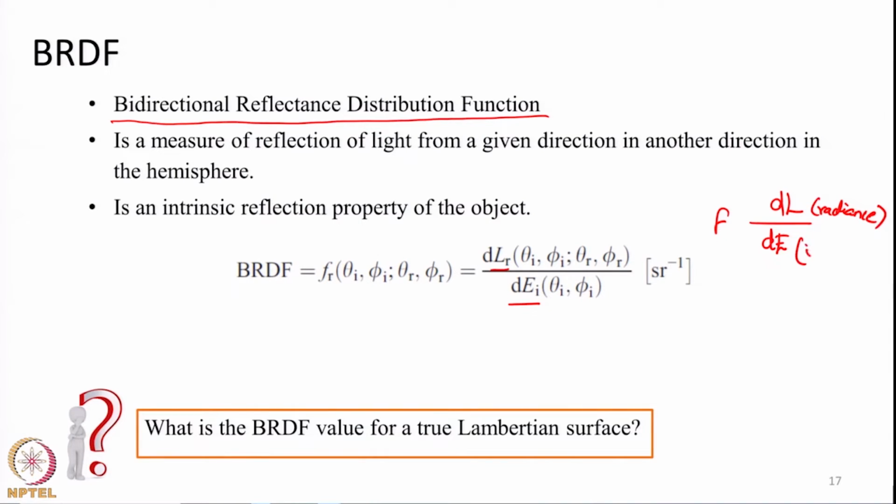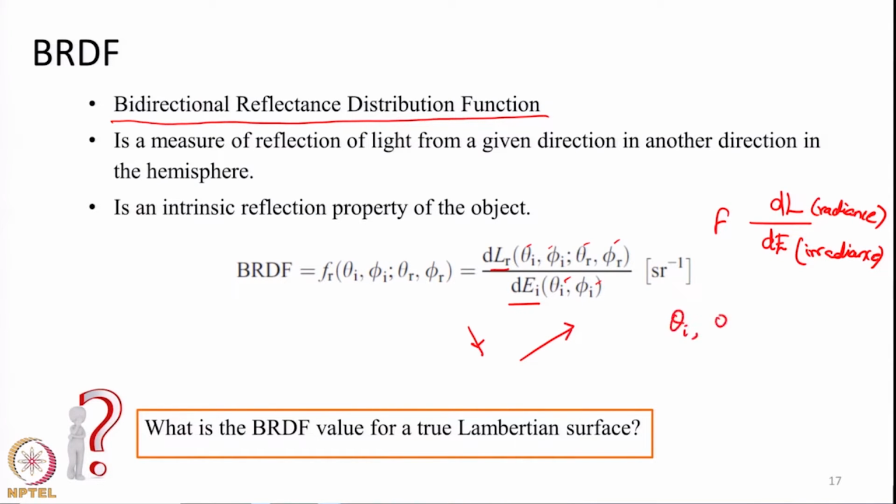This is the basic definition of BRDF. But here I have a lot of angular elements attached with it. What are these? The angular elements give us the direction in which incoming energy is coming and the direction in which outgoing, reflected energy is going out.